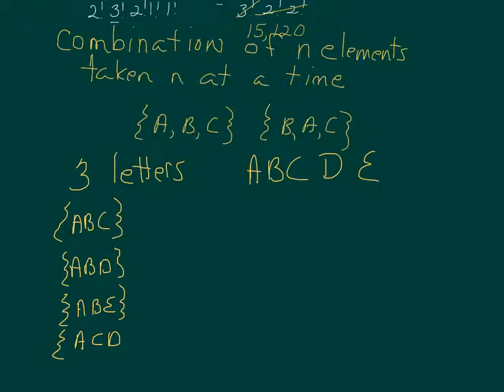Well, let me do it over here. We could choose ACE, or we could choose ADE. Okay, so have we used every possibility with A? Have we chosen every possibility that has an A in it? Yes.